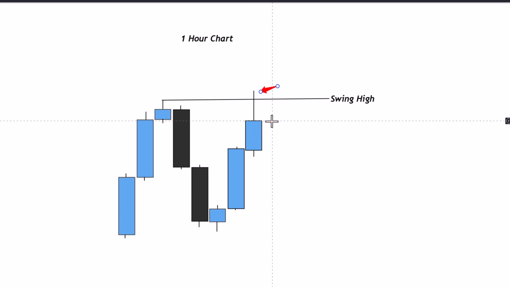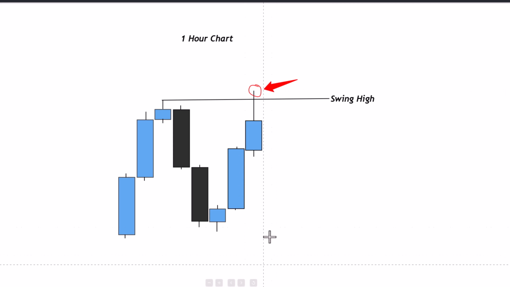Because when we're looking at candles, we have the bodies and we have the wicks. The body is this large block area. The wicks are these sticks that we get on top or below candles. Wicks show attempted prices within a given time frame. So in this instance, this wick shows us that the market attempted to go this high, but it actually got rejected, and the closure ended up being here.